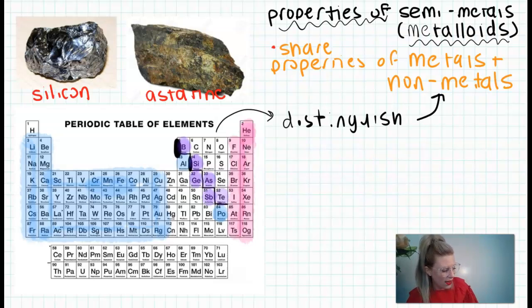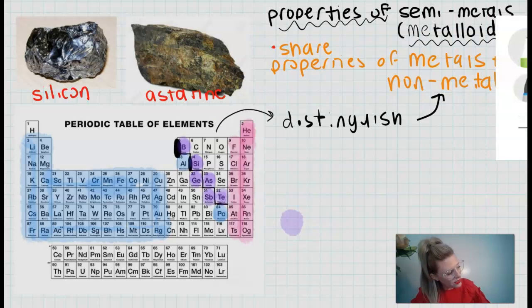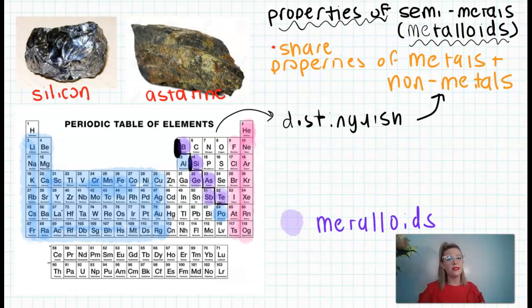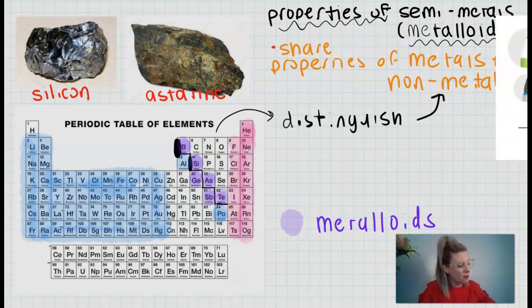They definitely make up way less of the periodic table. So again, this purple is going to be the same thing as our metalloids or semi-metals. Okay, and now the question is, what about all the things that are left out as white? Well, anything that falls to the left of the staircase is considered a metal.